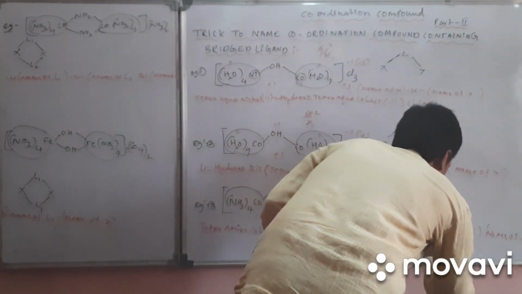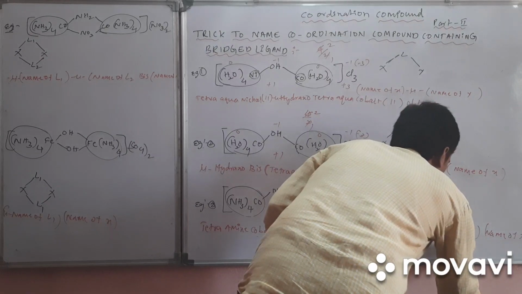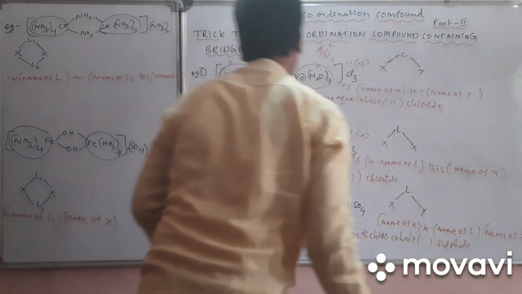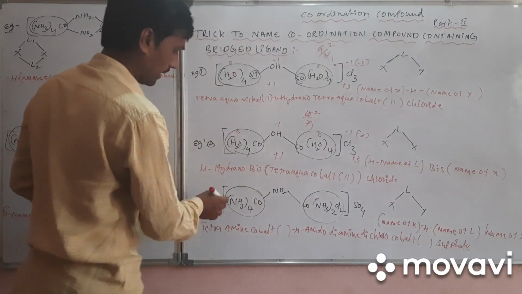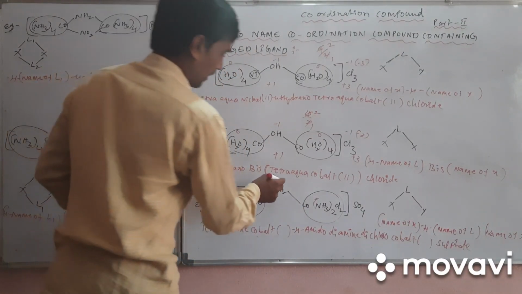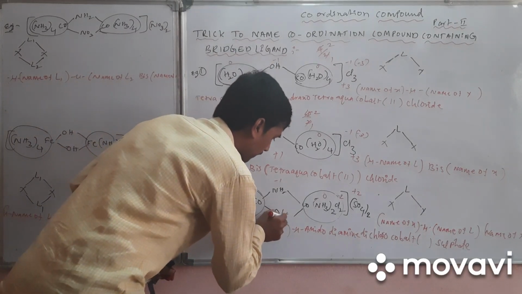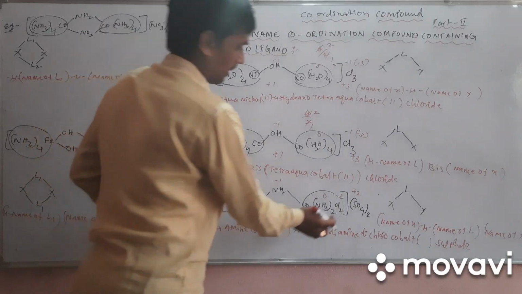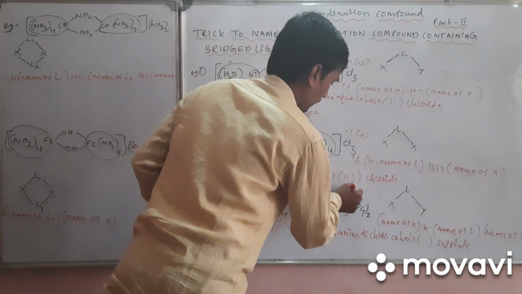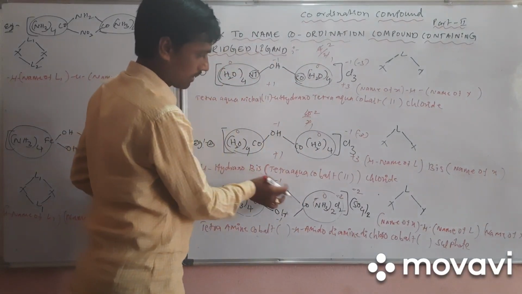Next, sulfate. We will find the oxidation number. This is 0. In this one, more ligands are there. This is -1, this is -2.